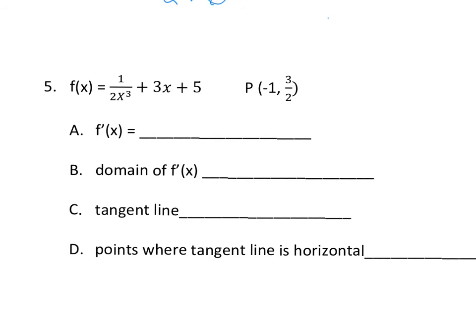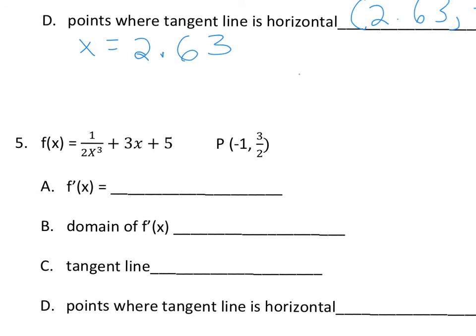Number 5. Okay, so the first thing I'm going to do once again is rewrite this so that it looks like coefficient times variable raised to an exponent. And I only need to do that for this first term because the rest of them look good.